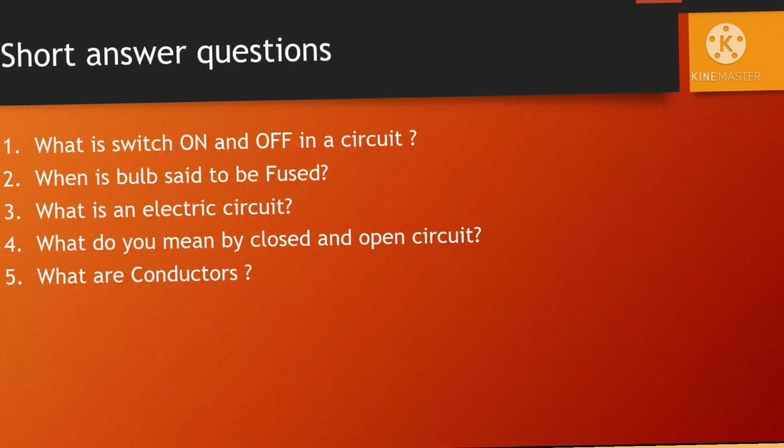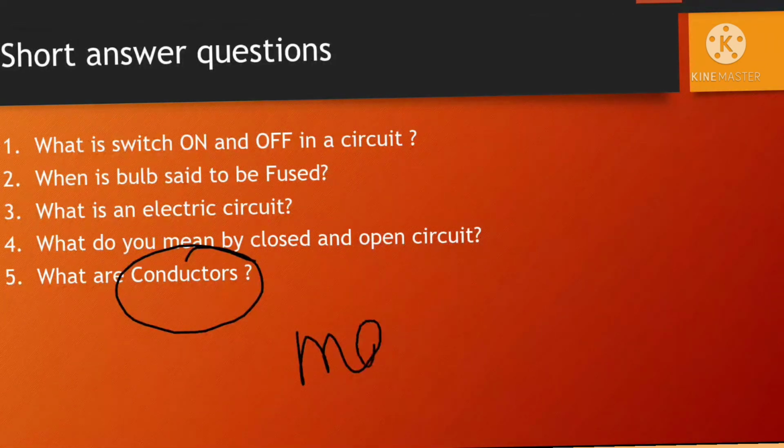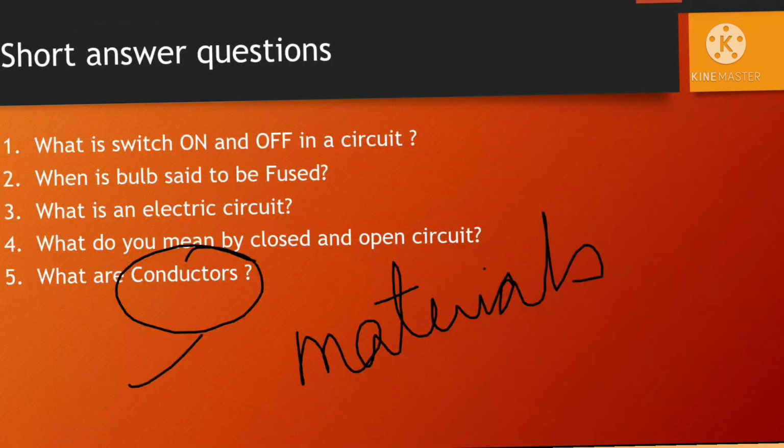Next, what do you mean by conductors? Conductors are those materials, children. I have made a very beautiful activity on conductors, in which I have used spoon and copper wire and iron nail, and I have shown you how bulb glows when they are put in the circuit. If you have not seen, I will give the link in the chat box.